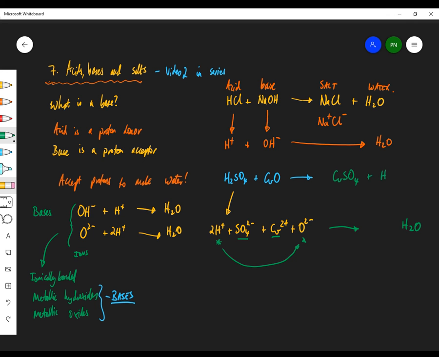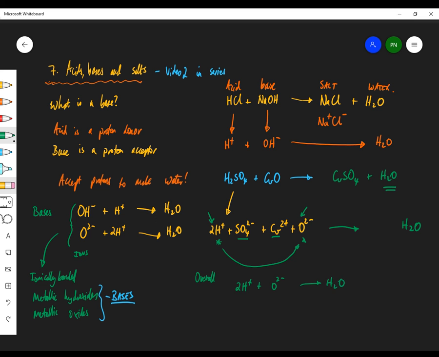Let's do the proper equation there. The water comes from the protons and the basic oxide ion to give us water, and the salt comes from what's left. Overall, the copper ions and the sulfate ions aren't really joining together, but we have 2 protons from the sulfuric acid reacting with an oxide ion to give us water.